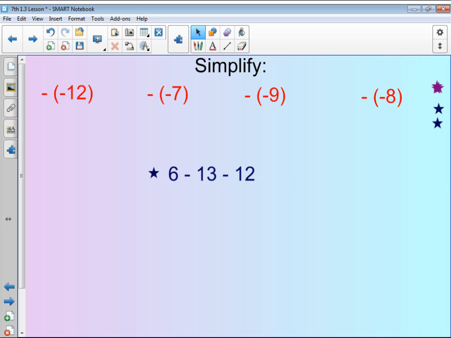Let's try and change this one up a little bit. Let's throw in an extra negative in there. I must have forgotten to put it in there when I typed it out. So we're going to make a negative sign right here. And I'll put a parenthesis here. Okay, so go through and simplify this problem.